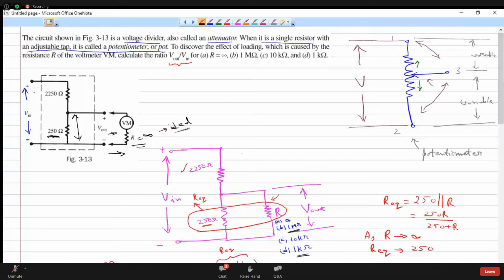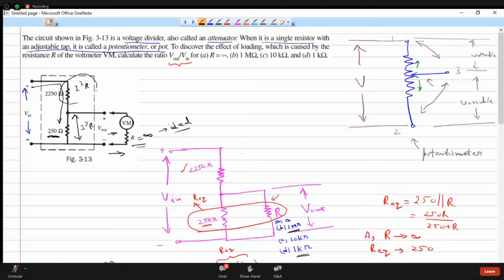Why? Because it could be used only for small circuits like small power circuits. When the current flows through these resistors, power dissipation happens. So it will cause some I square R loss here, as well as some I square R loss here. So we are attenuating some of the voltage.